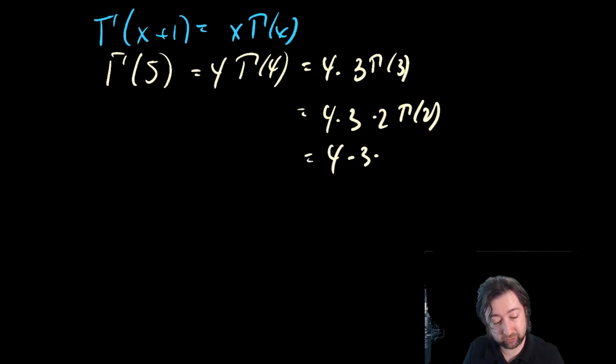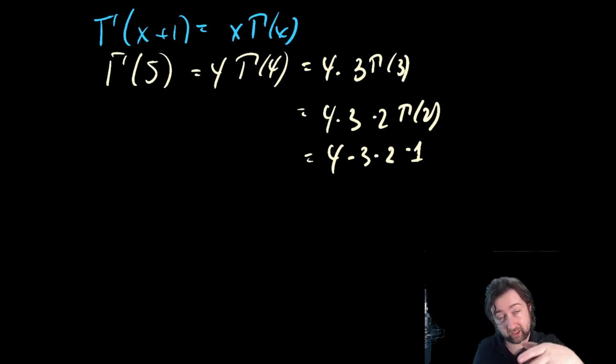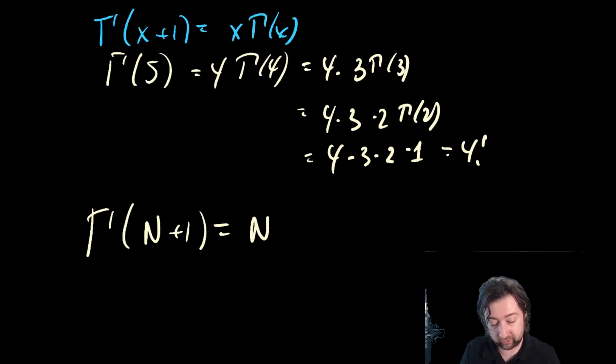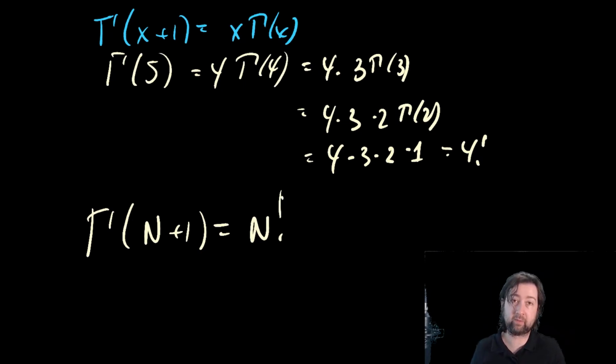And gamma of 2, we calculated, was 1. So we have a starting point because we figured out what gamma of 2 was. And that means all of this is 4 factorial. So any integer that you put in is going to run through this process, which is an inductive process. Generally, we can use this to say that gamma of n plus 1 is equal to n factorial. So the gamma function is the function that produces factorials as outputs and then fills in the gaps in between.